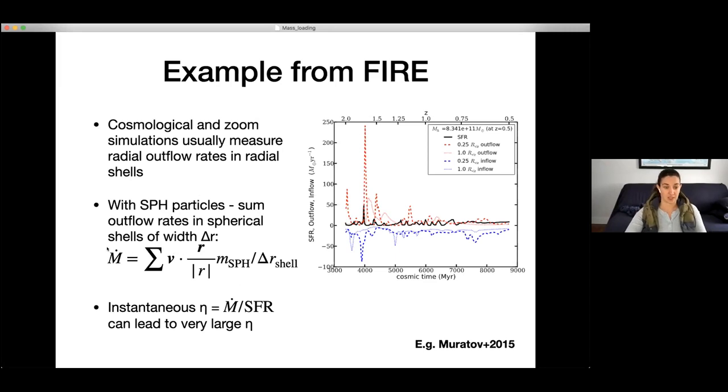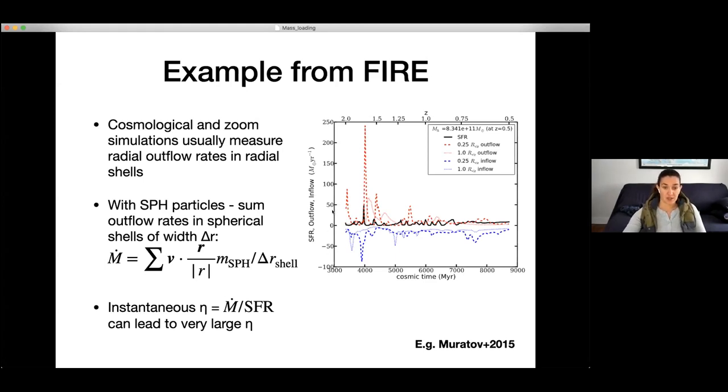So here m dot is just the sum of this first term, v dot r over r, which is just the radial velocity times the mass of the SPH particles. Sum all those up in some radial shell, divide by the width of the shell. This gives you an m dot in the shell.